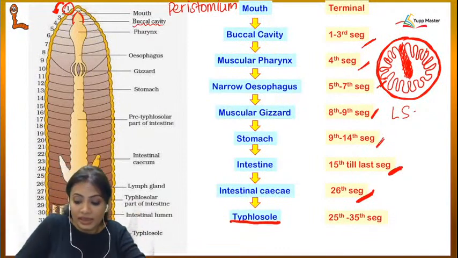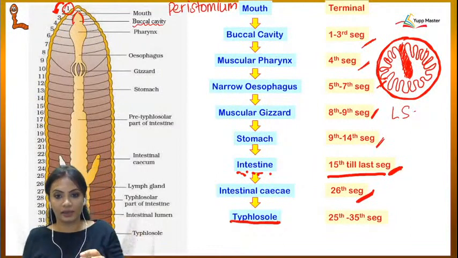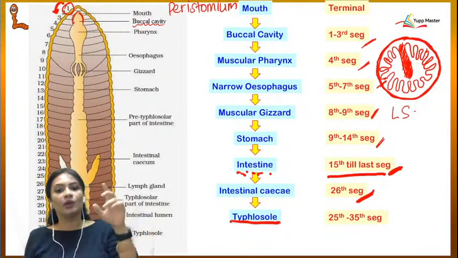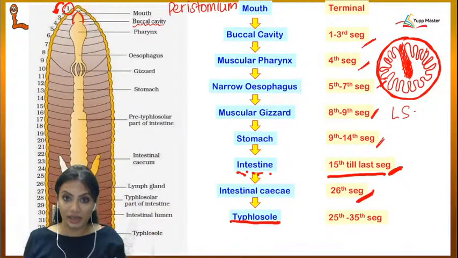Remember, the intestine was from the 15th till the last segment, and in that whole range of the intestine, you have first the intestinal caecae which was present on the 26th segment.